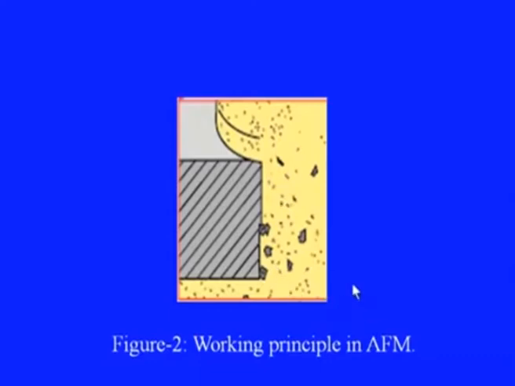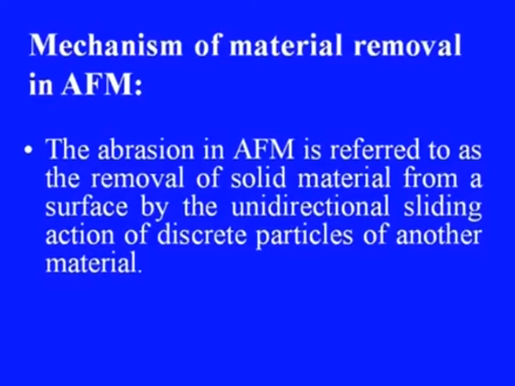This is in brief the principle used in the AFM process. Then coming to the mechanism of material removal in this process, let us see what the different mechanisms involved are. In the AFM process, abrasion is the removal of solid material from a surface by unidirectional sliding of the discrete particles of another material.